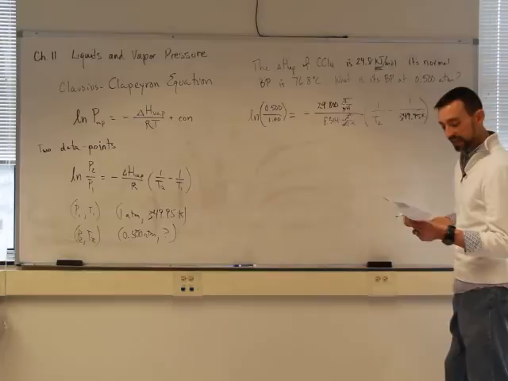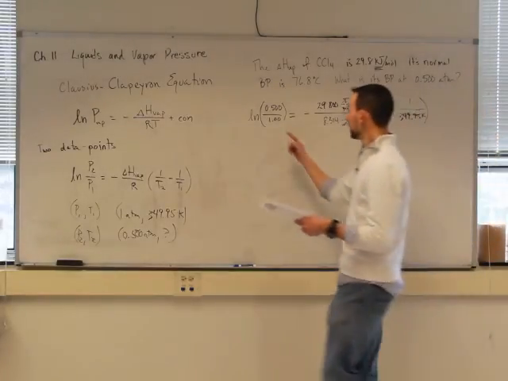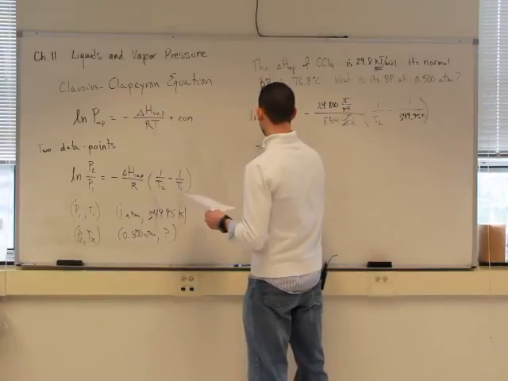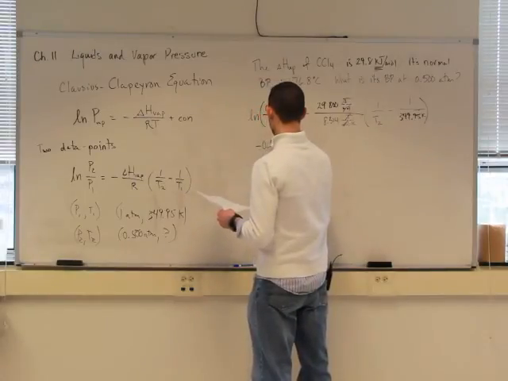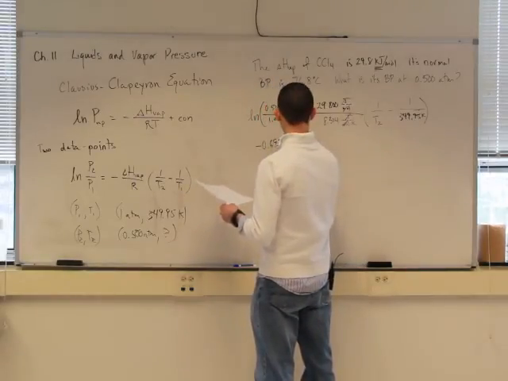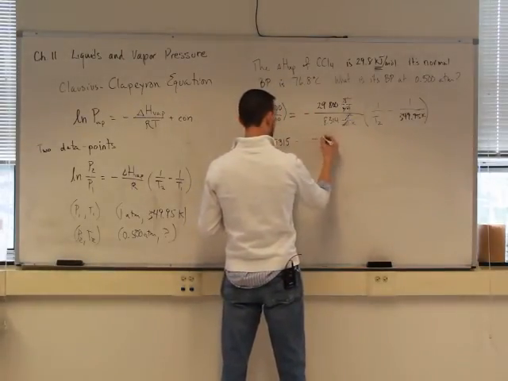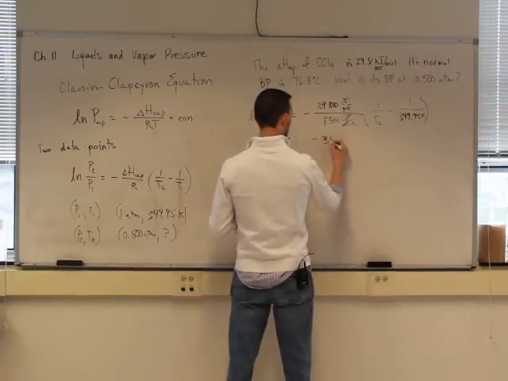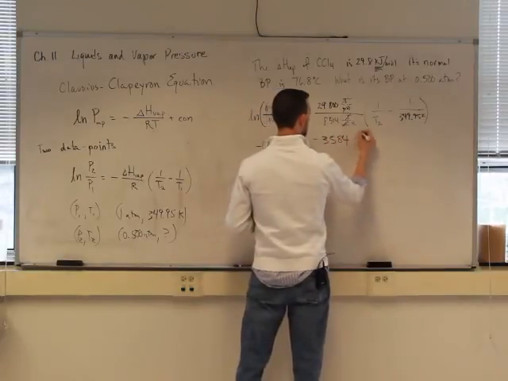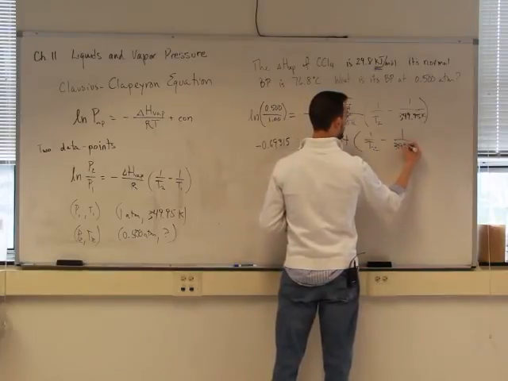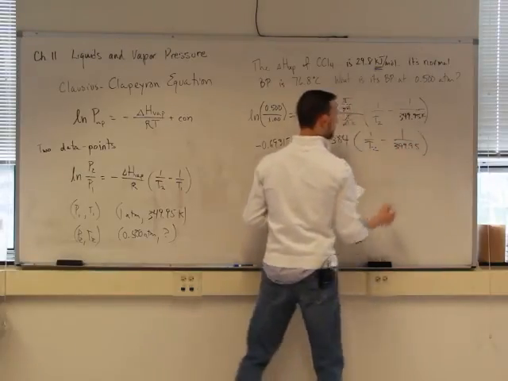So now it just becomes numbers. I can calculate the ln of 1/2 is going to be negative 0.69315, it looks like, equals, this becomes negative 3,584.3 times your 1 over T2 minus 1 over 349.95.